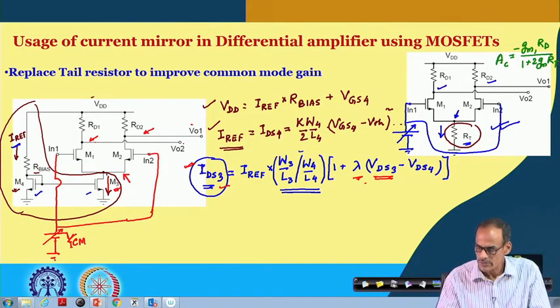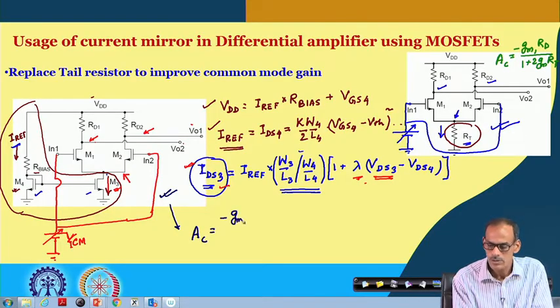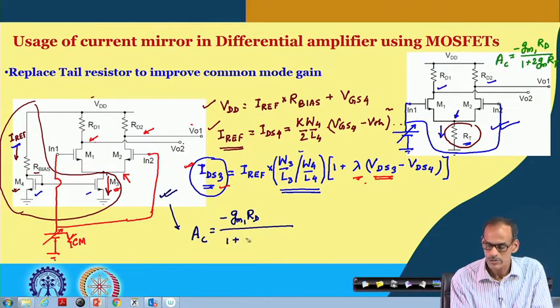On the other hand, for this circuit, the common mode gain is minus Gm 1 into R d divided by 1 plus 2 times Gm 1 into R ds 3 or R O 3.